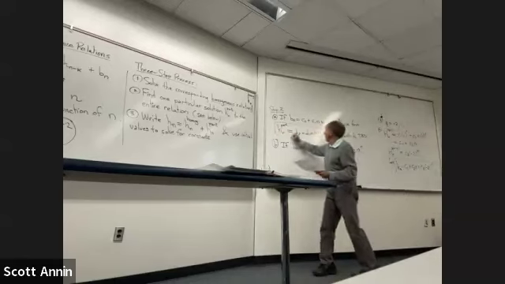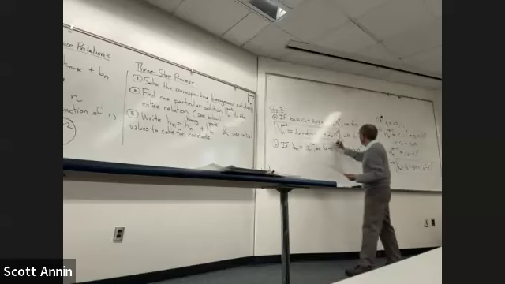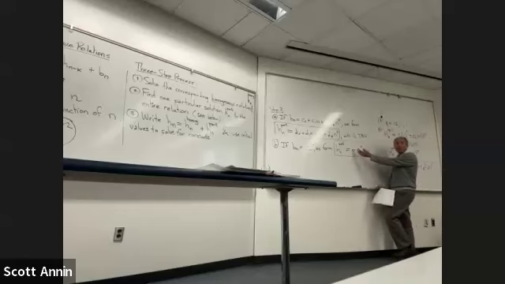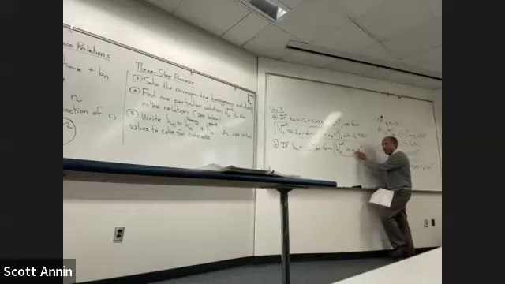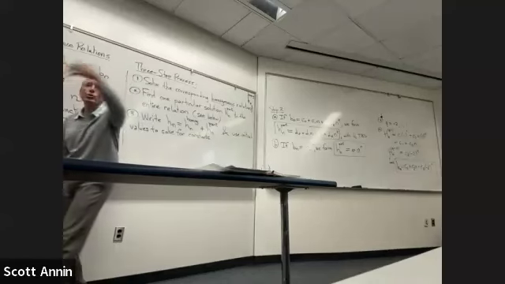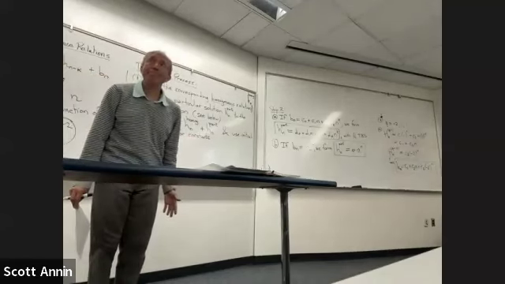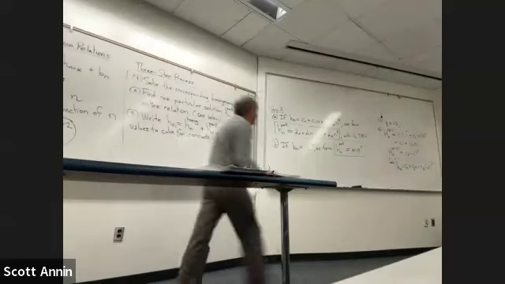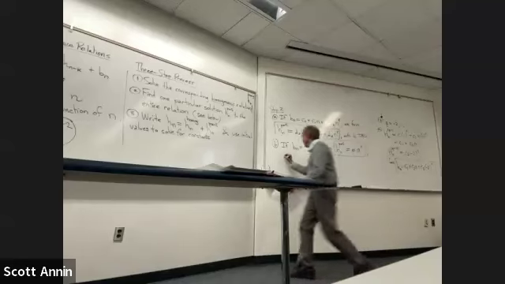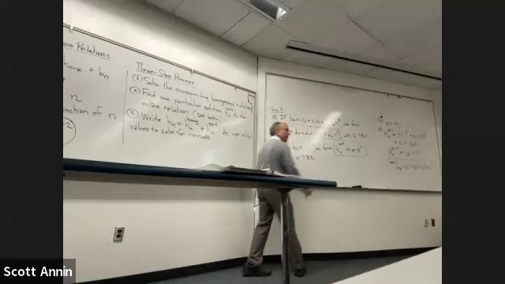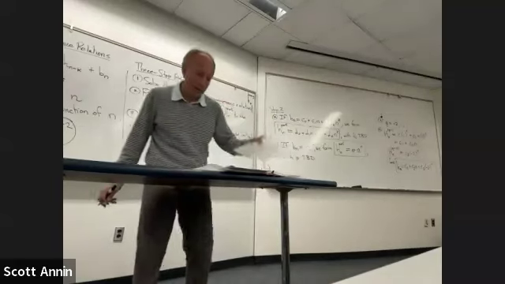Maybe I'll put boxes here because there's a lot of stuff on the board. In that case, you only have one constant to figure out, which is this p value. You put this expression everywhere you see it on the left side and on the right side, and you solve for p, with p still to be determined.